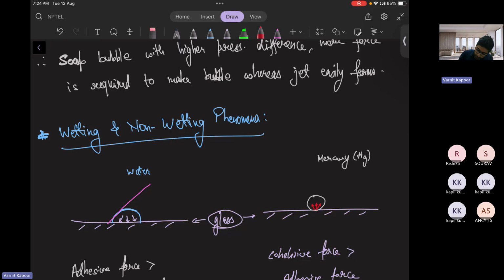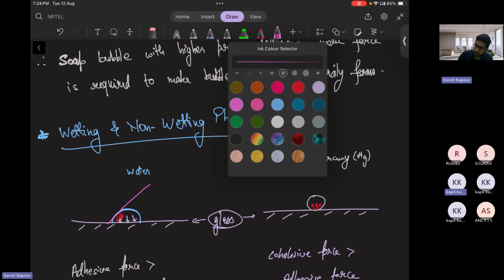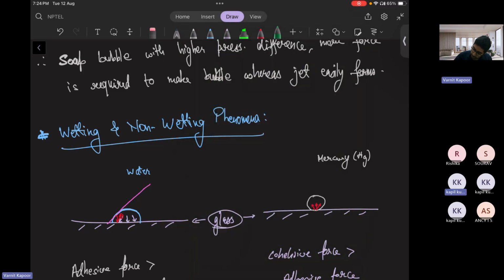So this is your angle theta. Whereas here, if I draw the tangent at this point, from inside the liquid up to that surface, this is your angle theta. Okay. So this is your tangent.